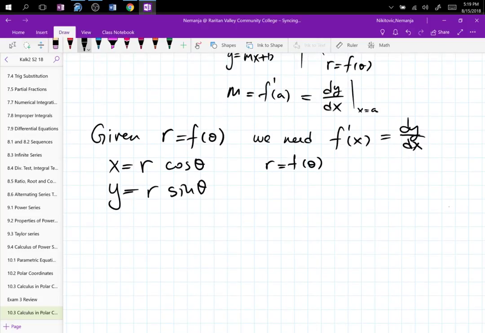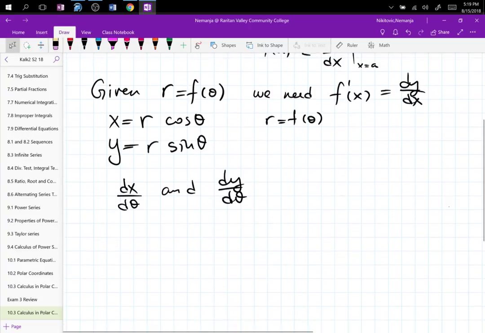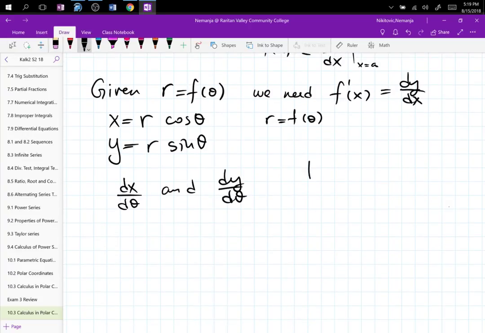So if I differentiate these with respect to theta, I will get dx d theta and dy d theta. And to get what I need, which is dy dx, I need to divide dy d theta by dx d theta.